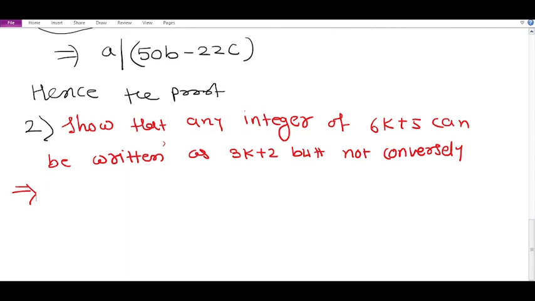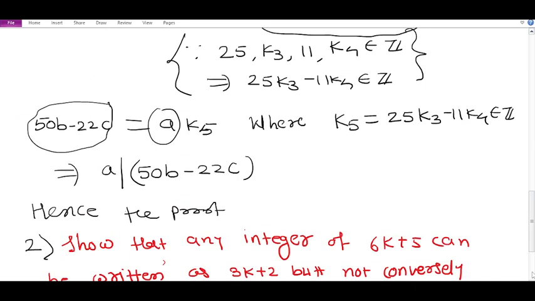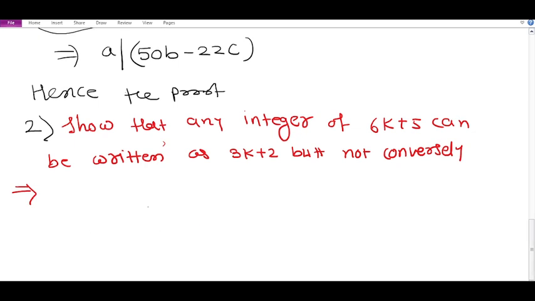Now take one particular case. Suppose you take any integer of the form 6k plus 5. If you take k equal to 2, then 17 can be written as 6 times 2 plus 5, and this 17 also can be written as 3 times 5 plus 2.